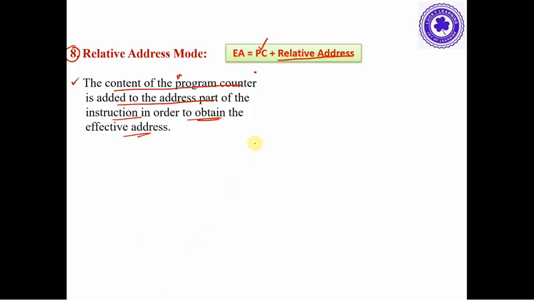Suppose it is a load with some relative position, say 10, and assuming this is the 20th instruction. Now the PC contains 21. Now what is to be loaded? Some value that is 10 instructions far from the current instruction. The current instruction is 20 and the PC contains 21.